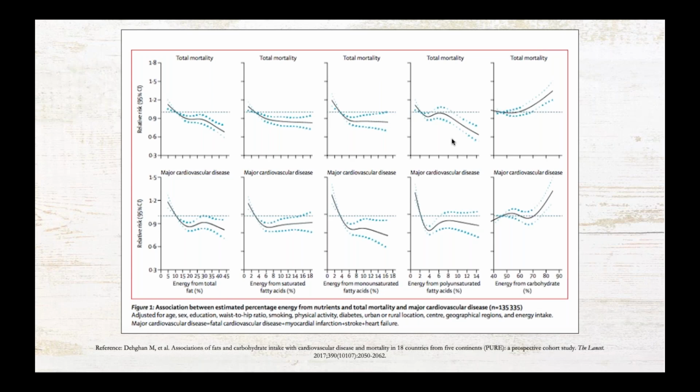You can see whether it's major cardiovascular disease or total mortality across the top, and the percentage of energy coming from different types of fatty acids. Total mortality, again, flattens out with respect to saturated fat.